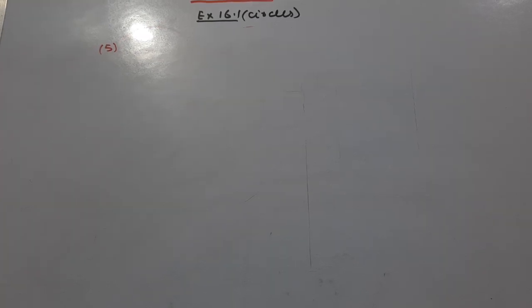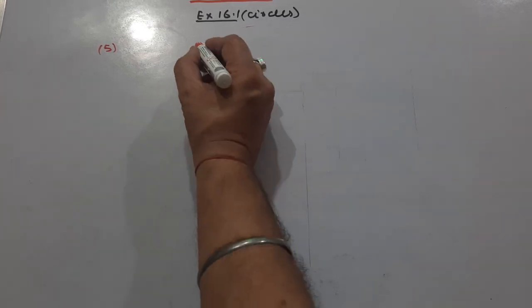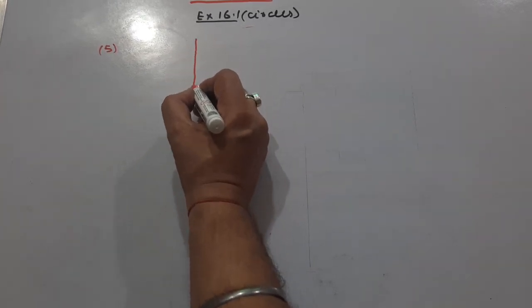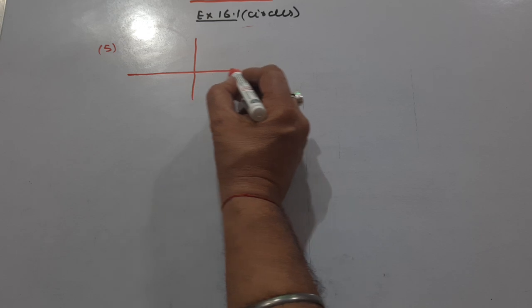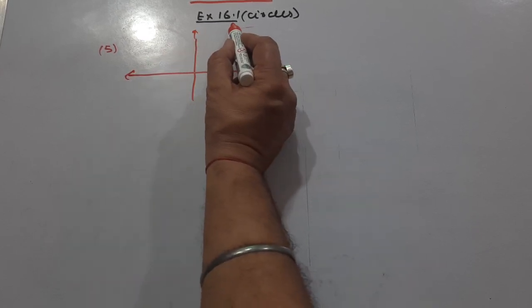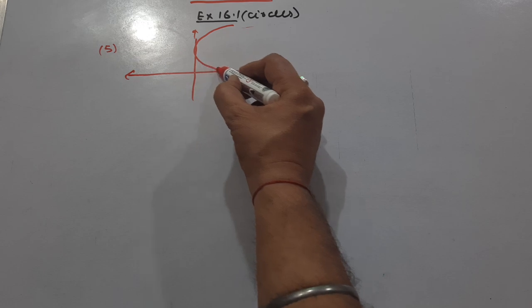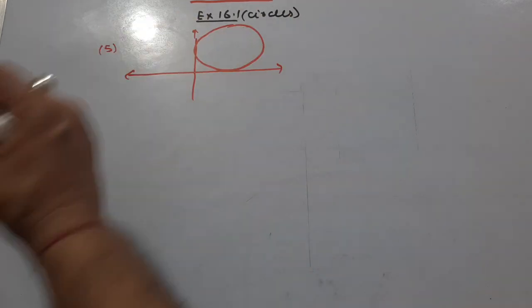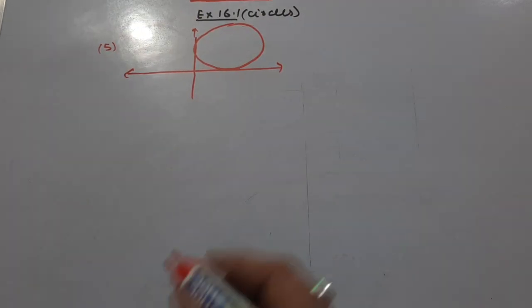Now students, question number 5: find the equation of the circle touching both the axes and the circle passes through the point (6, 3). Here we will take only one case, because the circle passes through the point (6, 3). It means the circle lies in the first quadrant, because the point is (6, 3).